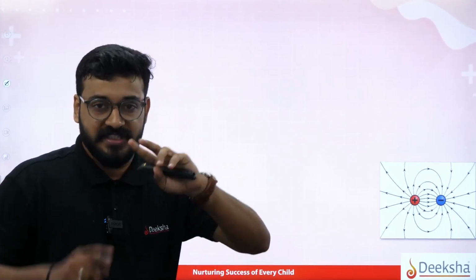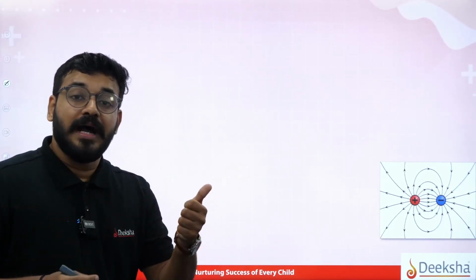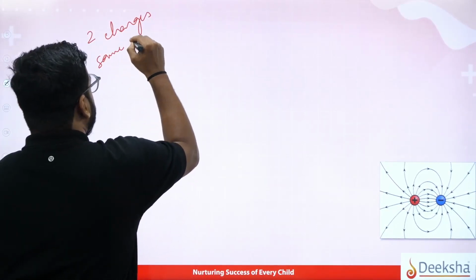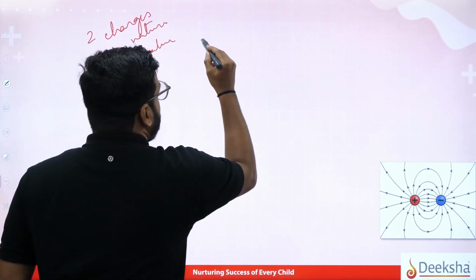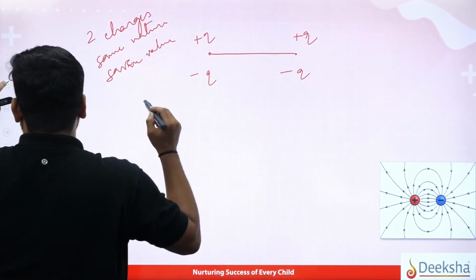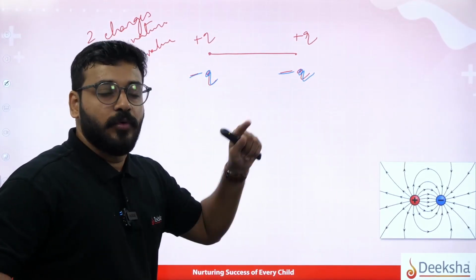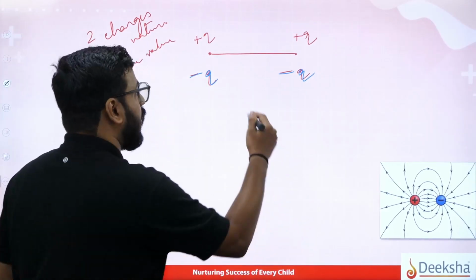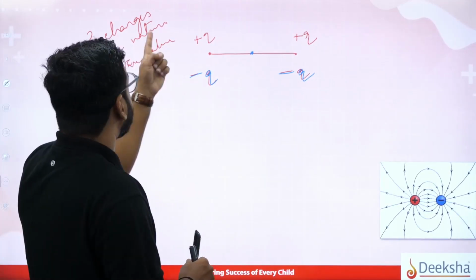If it is a system of 2 charges, I am talking of a system of 2 charges, if they are identical, that is, same nature and same value, like plus q and plus q, or minus q and minus q, then any time you can directly jump into the answer that the net electric field will be 0 exactly at the midpoint if both of them are of the same nature and same value.